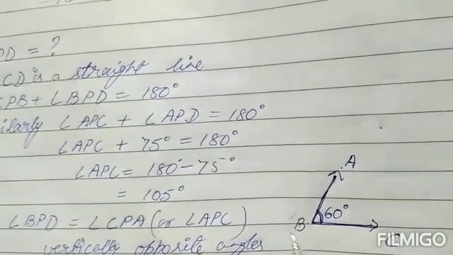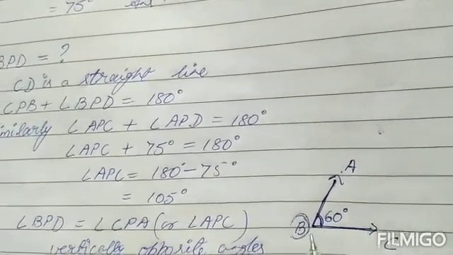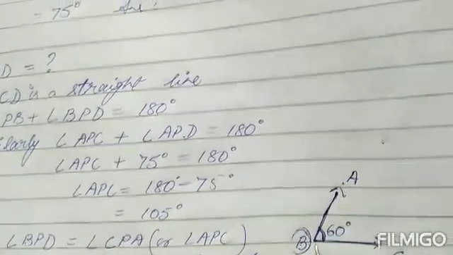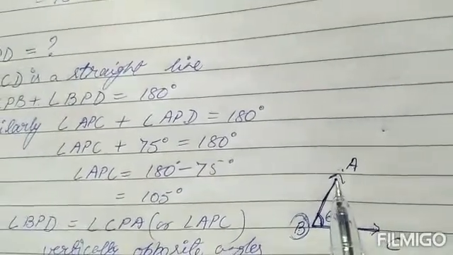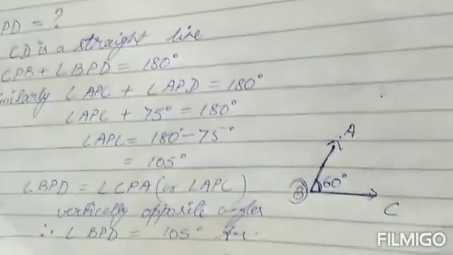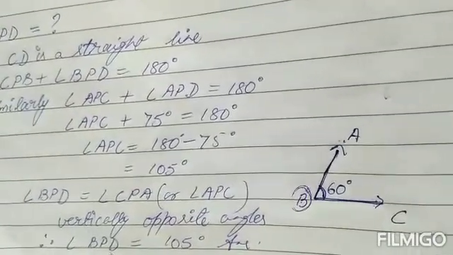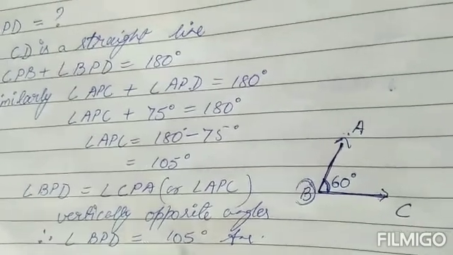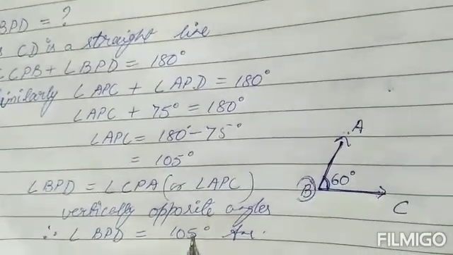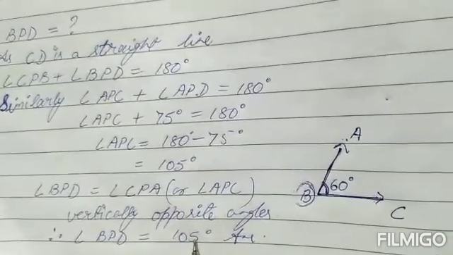That means the vertex, the middle one, should always come in between. So in any of the directions you can call this angle by its name. Now because we have to calculate BPD, children, it is vertically opposite to the CPA or APC that we have calculated. So the answer comes as 105 degrees.